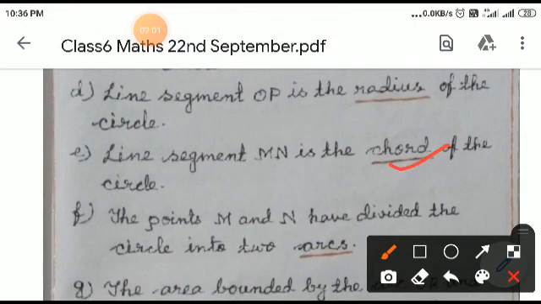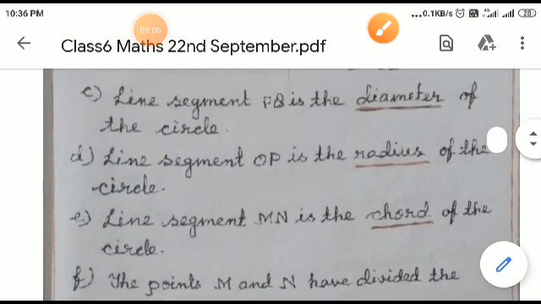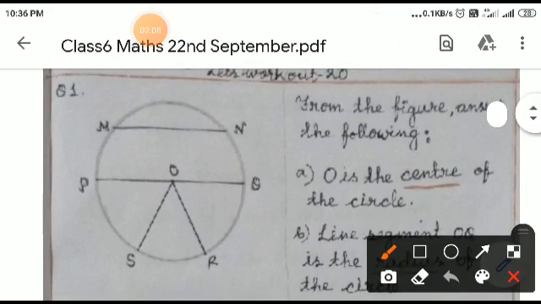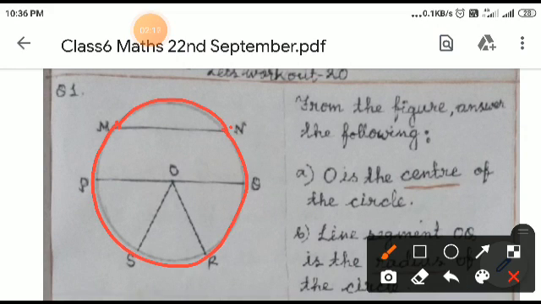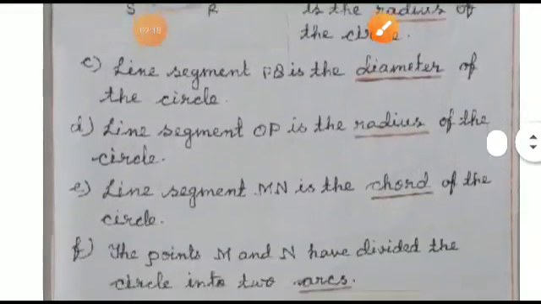The points M and N have divided the circle into two arcs. Yes, M and N are two points that divide the circle into two arcs, that is the minor arc and the major arc. So we can say two arcs.